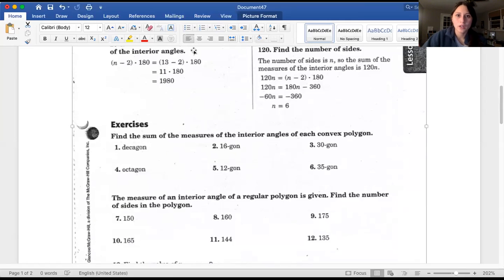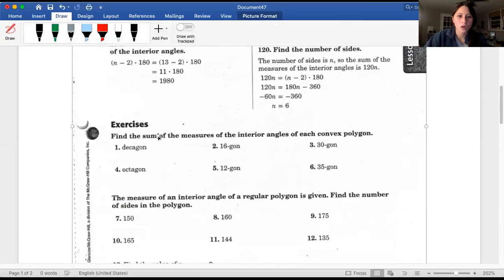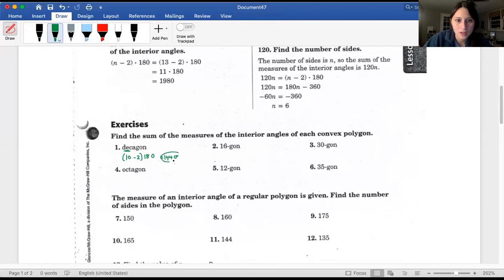If we write out our equations for all this, we don't have to write n anymore because now we've been given the sides. So a decagon means 10. That would be 10 minus 2 times 180, and we just did that. That's 1,440. That's the sum, okay? A 16gon, so that's going to be 16 minus 2 times 180.